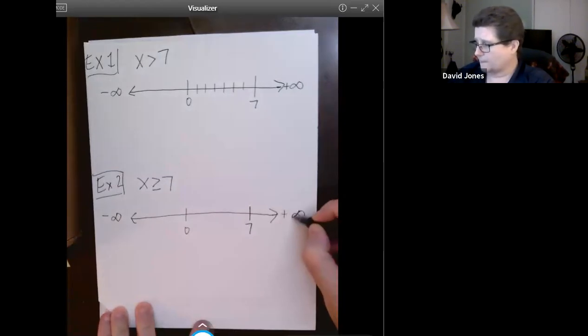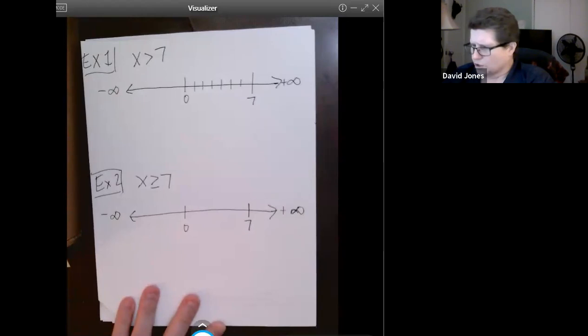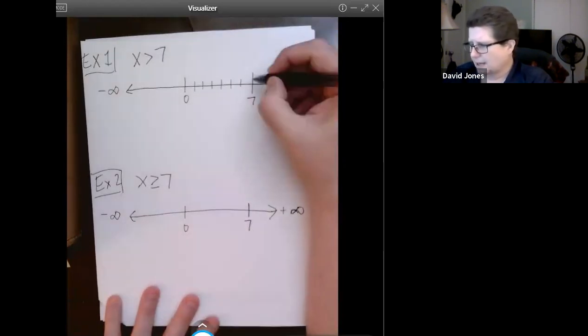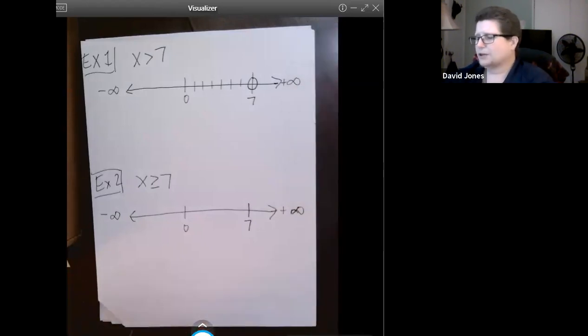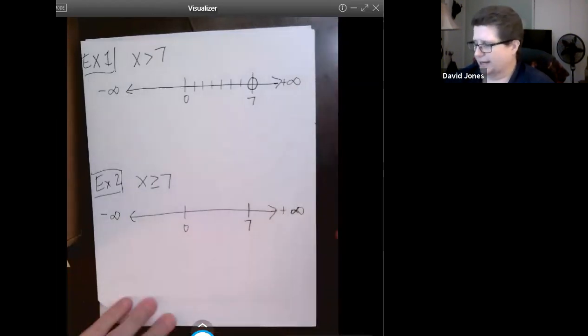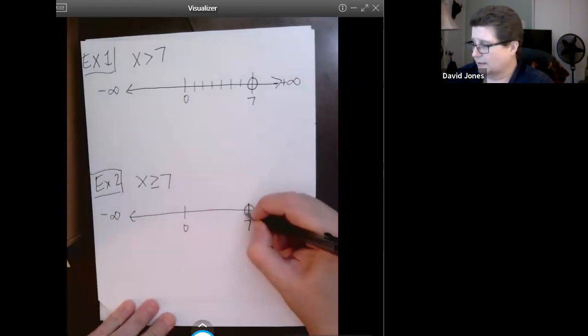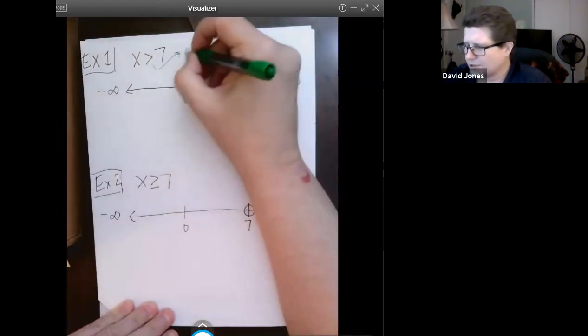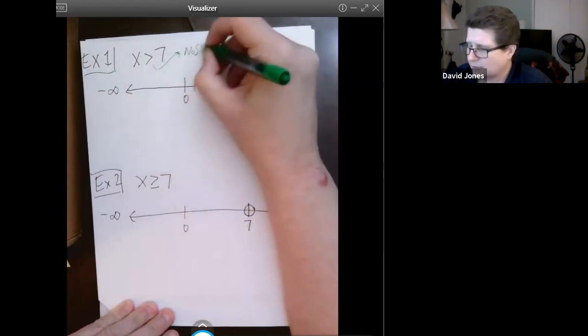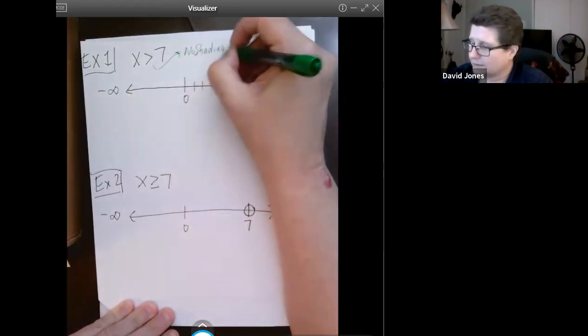Okay? So x is greater than 7. I start at the 7. I put a circle on it. The symbol tells me whether or not to shade it in. The greater than symbol says no shading on the 7.